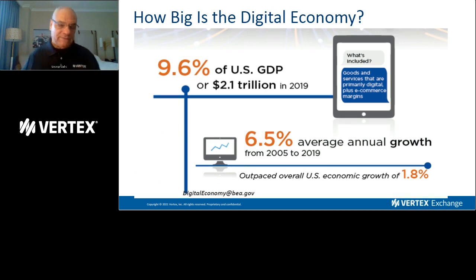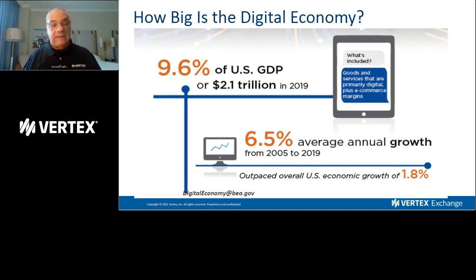And I wanted you to see this since we've been discussing. This is directly from the 2019 to 2020 measurements on the digital economy in the United States, and particularly how it has outpaced the overall U.S. economic growth. Right now, look at this.